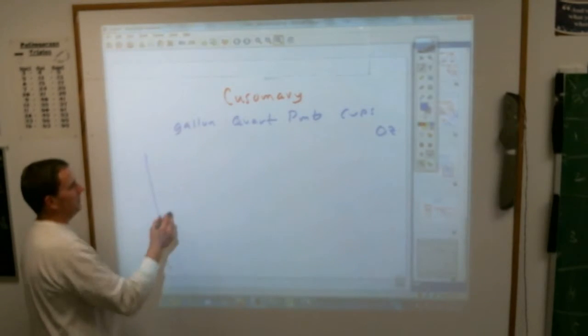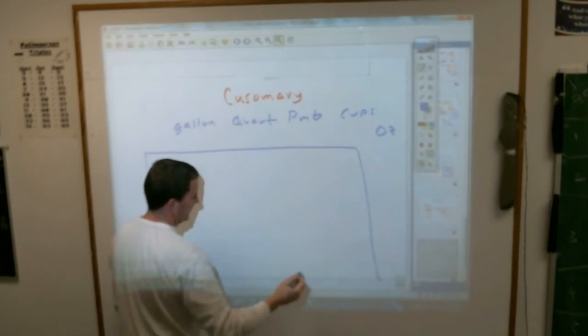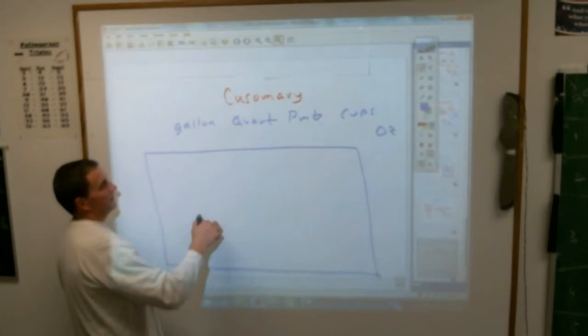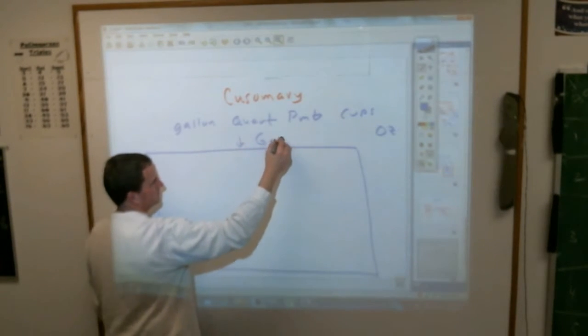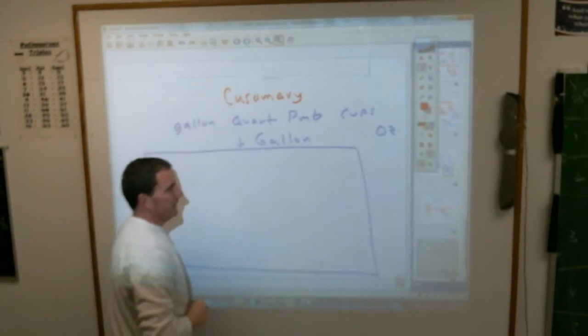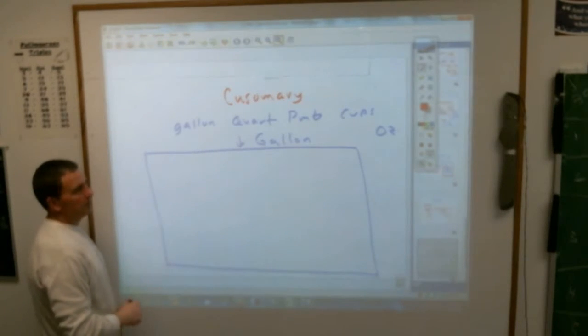If you draw about as big a square as you can on your paper, here's one easy to remember. This big square stands for a gallon. In a gallon, you have how many quarts? Does anybody know? 4.